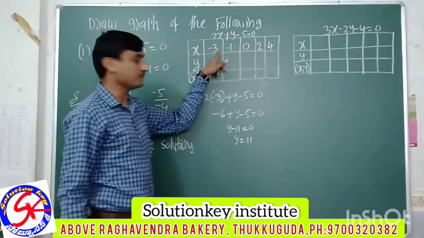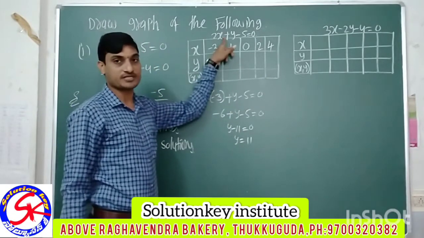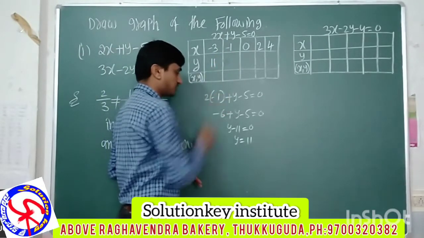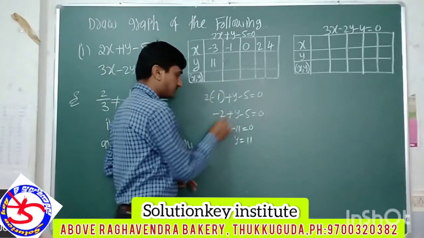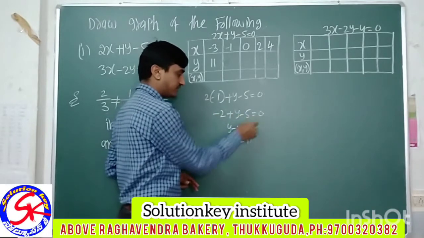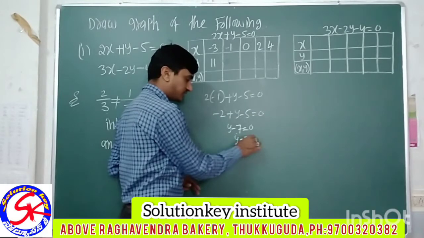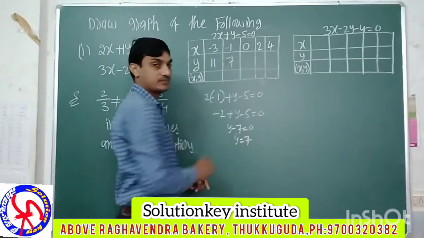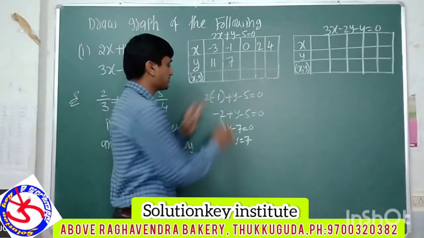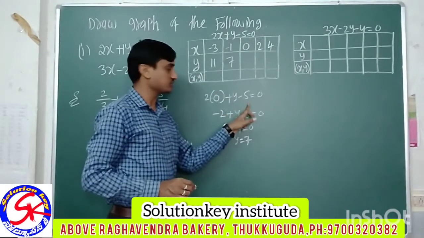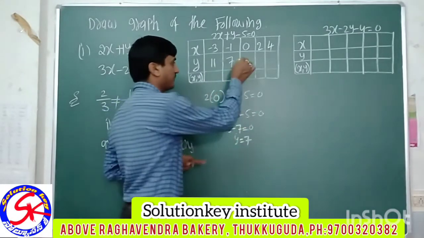First fill the minus 3 in the x place. Then after minus 1, substitute x is equal to minus 1: minus 2, minus 2 minus 5 is minus 7. Sending that minus 7 to the other side, it becomes plus 7. After that it is 0: once you fill 0, y minus 5 is equal to 0, which means y is equal to 5.